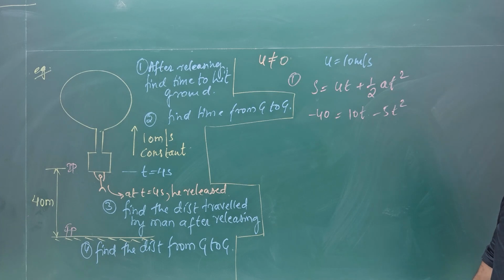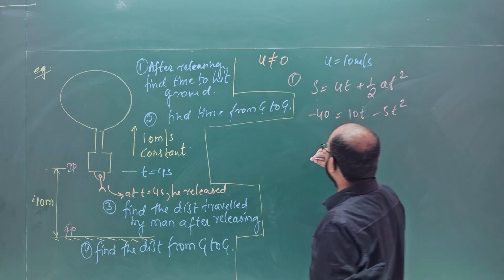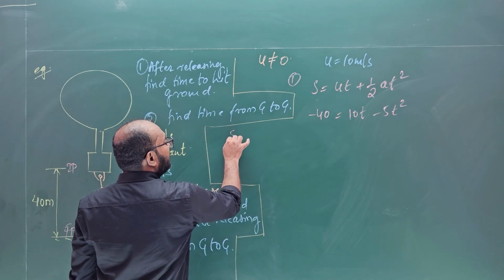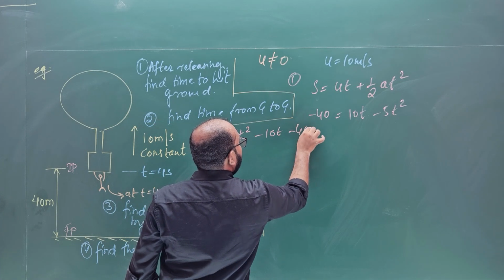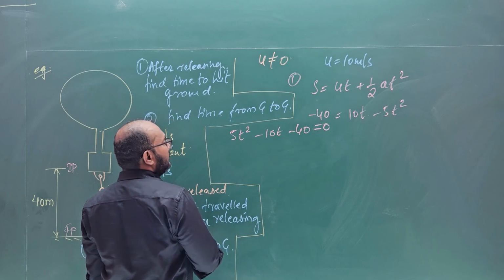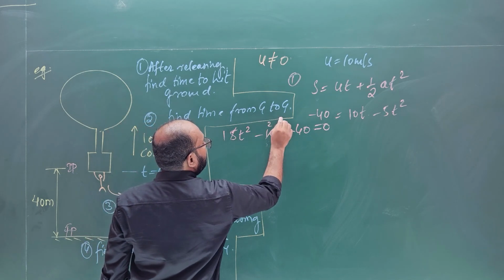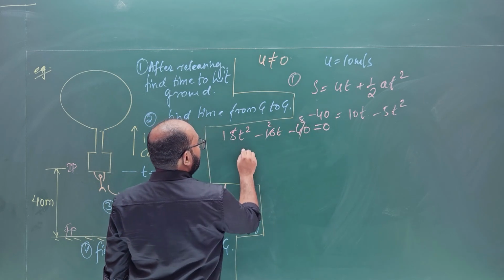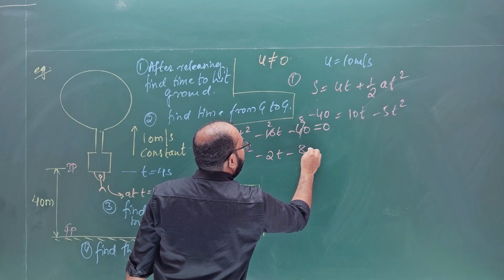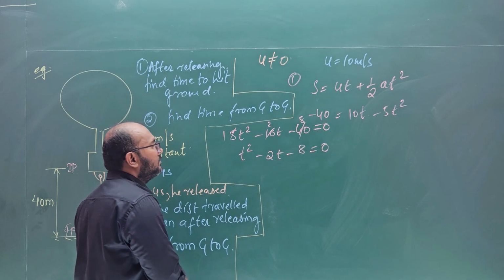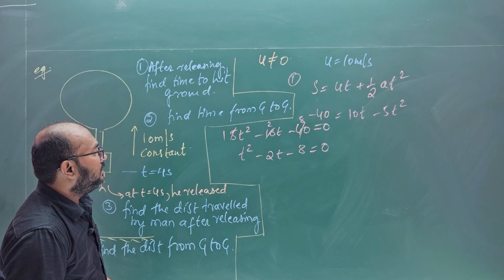Can I? Okay. Similarly, reshuffling this, the equation can be written as 5t square minus 10t minus 40 equals 0. 5 1s are 5, 5 2s are 10, 5 8s are 40. So this becomes t square minus 2t minus 8 equals 0. Any possibility?